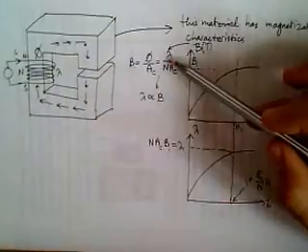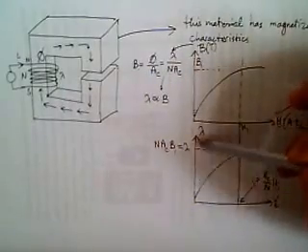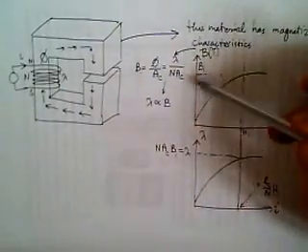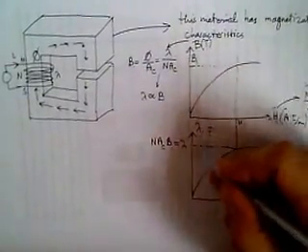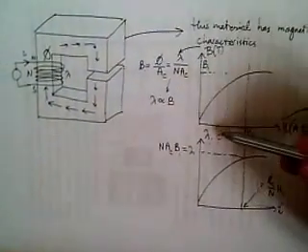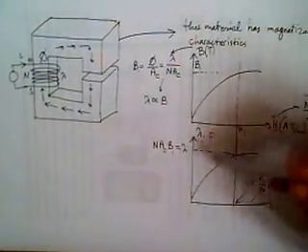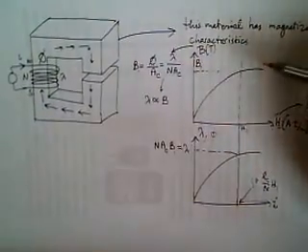In parallel, we may also represent the same curve with flux. So current versus flux is also equivalent to the same curve.